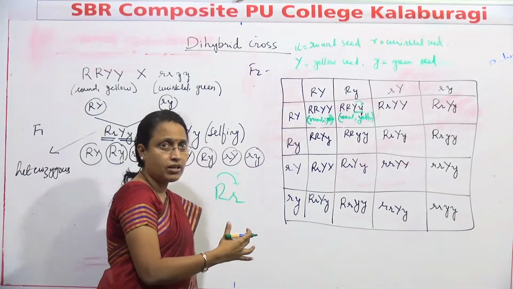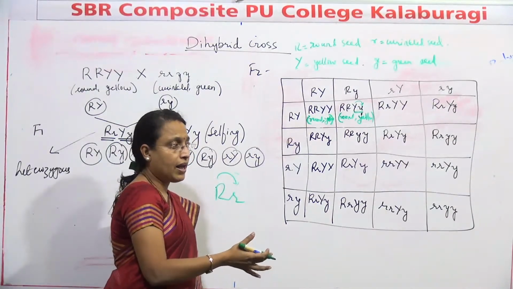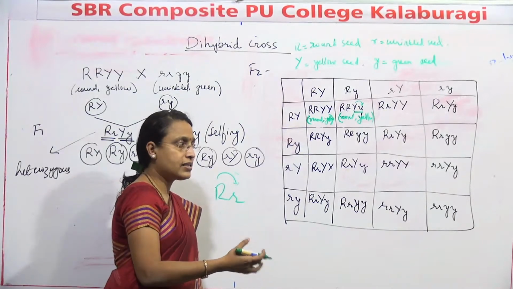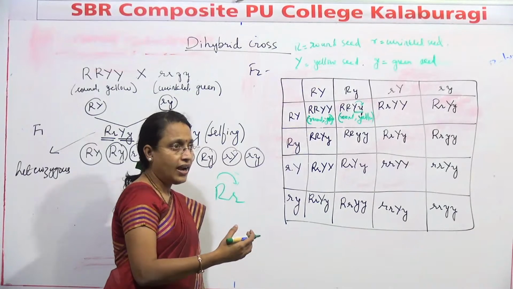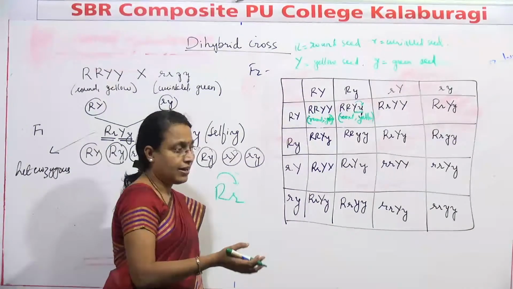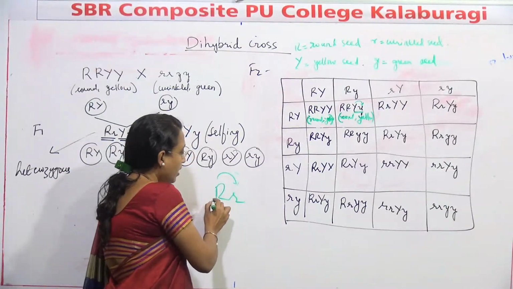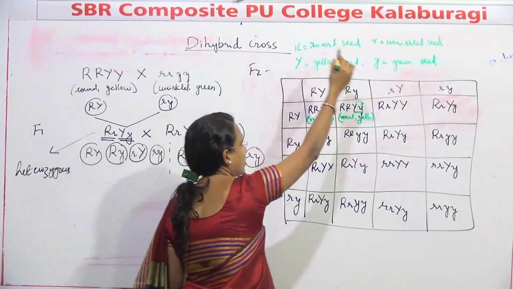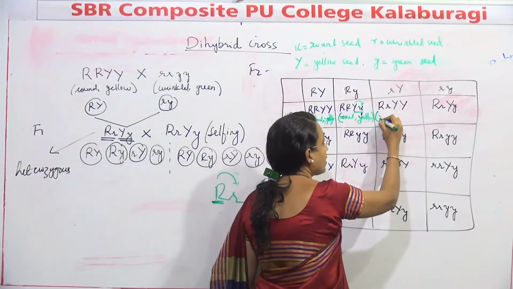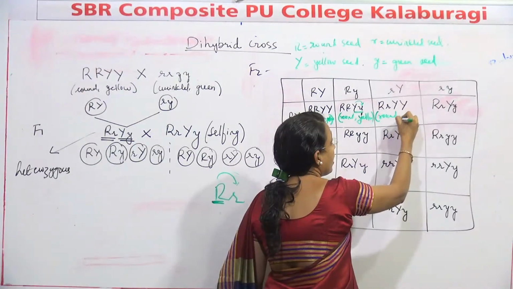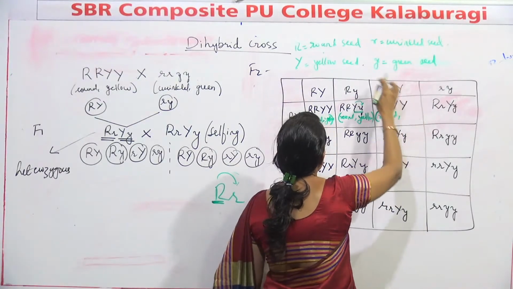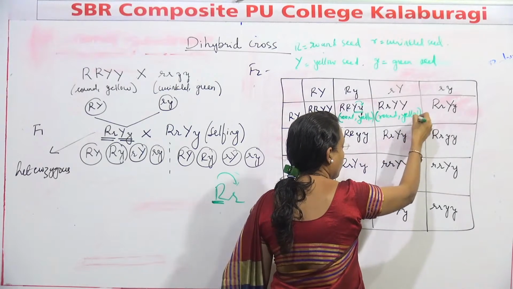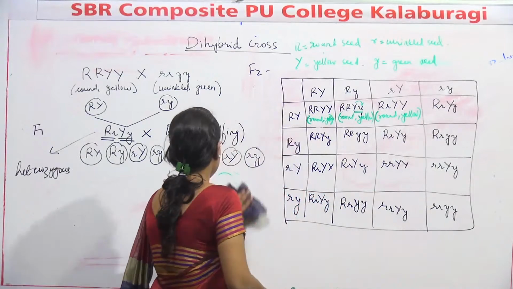By convention, you write capital letters for dominant and small letters for recessive. So what is the character of capital R? Round seed, so here you write round. And both are capital Y, so no need of checking, directly you can write yellow color of the seed. Okay.